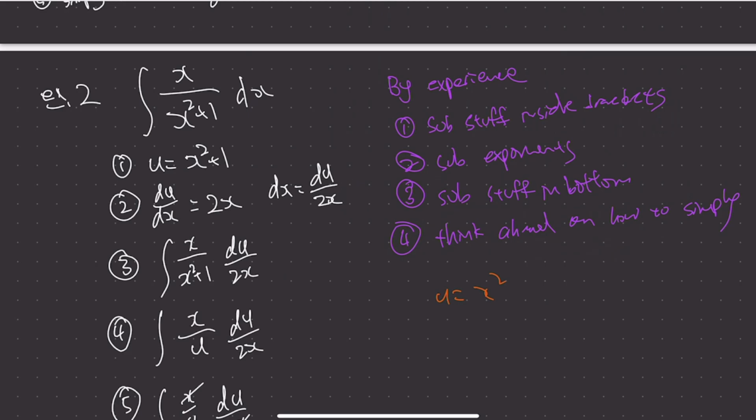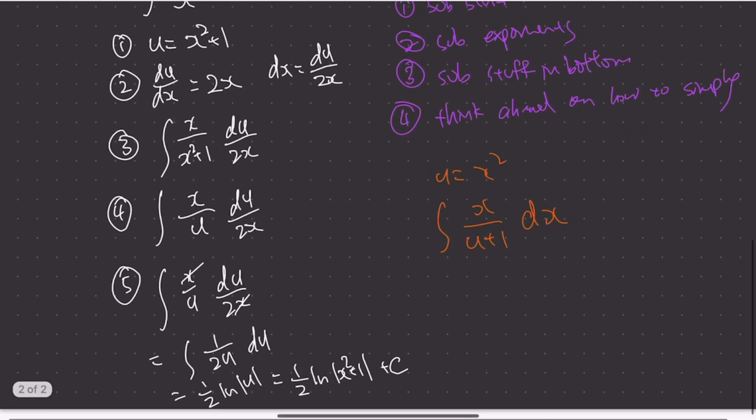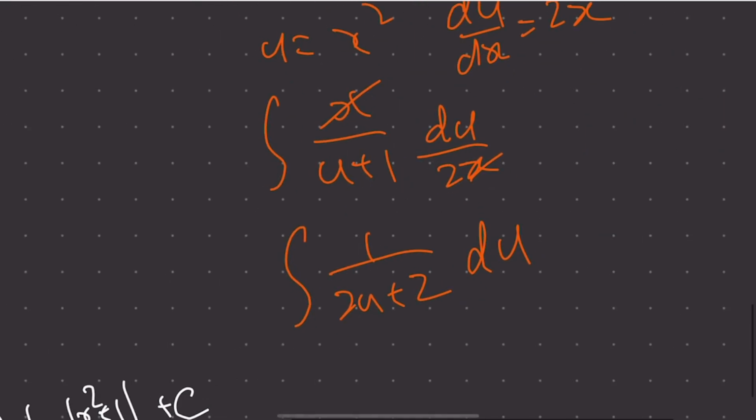So if we did that, then it's going to be x over u plus 1, and then this will be dx, right? And then, du over dx equals 2x, so that means here it's going to be du over 2x, right? Again, these will cancel out. Now we have 1 over 2u plus 2, right?